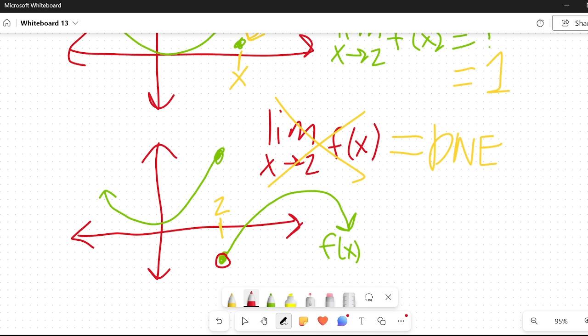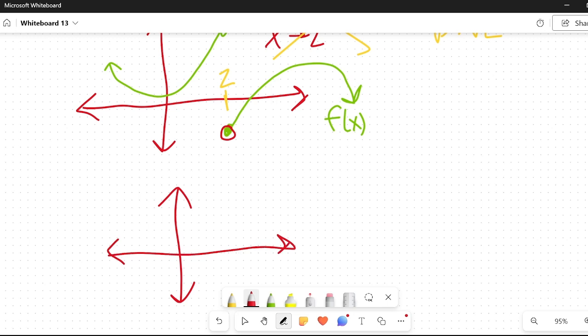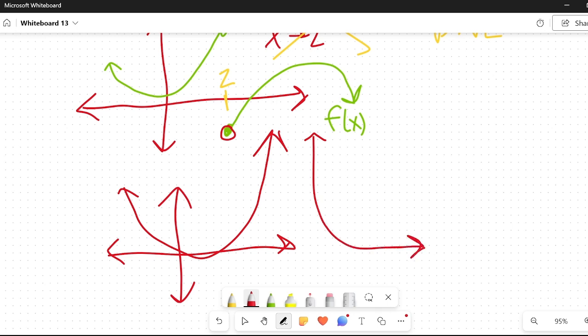And another one is if we have unbounded behavior. If we have something like this, and as it approaches this value, it goes to infinity. Let's say this is x equals 5, and we're trying to find the limit as x approaches 5 of f of x.